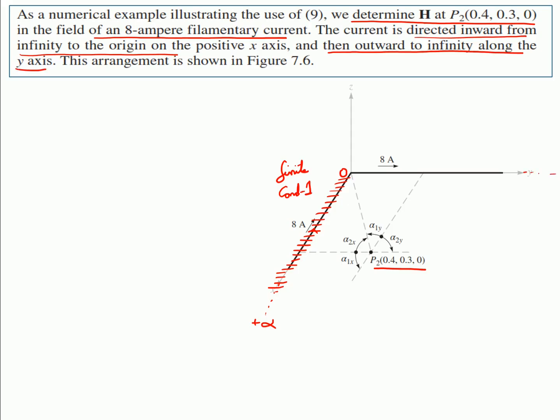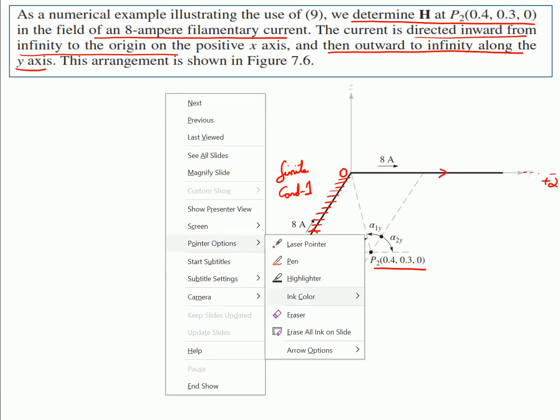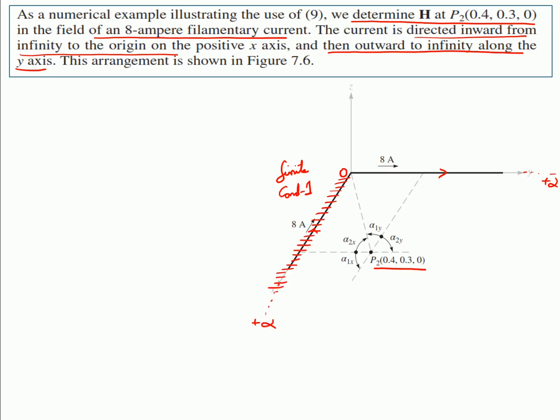If we extend this, this is the positive y-axis, from the origin towards positive infinity. So let me change the color for this. This is now the second conductor, moving from the origin towards positive infinity along the y-axis. Let me say this is my finite conductor number 2.